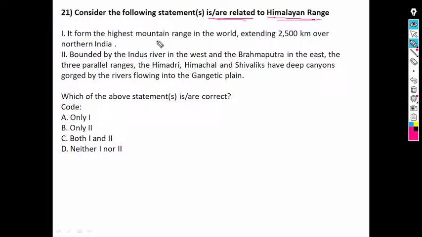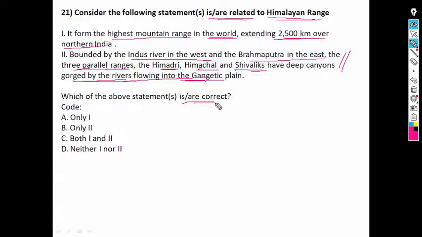First, it forms the highest mountain range in the world, extending 2,500 km over northern India, bounded by the Indus River in the west and the Brahmaputra in the east. Second, three parallel ranges, the Himadri, Himachal and Shivaliks, have deep canyons gauged by the rivers flowing into the Gangetic plains. Which of the following statements is correct?